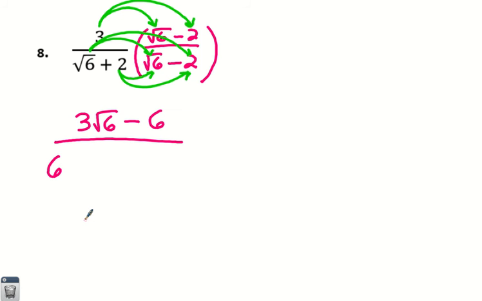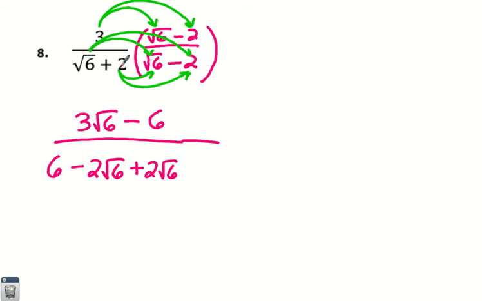No more square roots there. That's a good thing. Root 6 times negative 2 is minus 2 root 6, because these don't really multiply together, one is underneath a root and one is not. Same thing here: 2 times root 6.